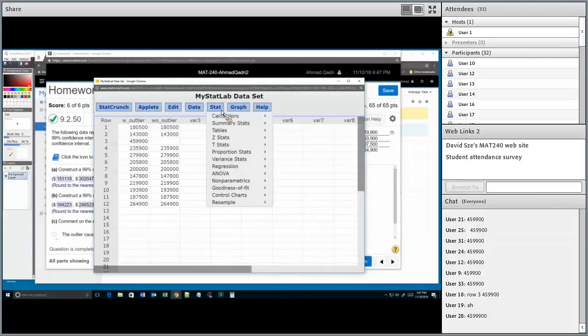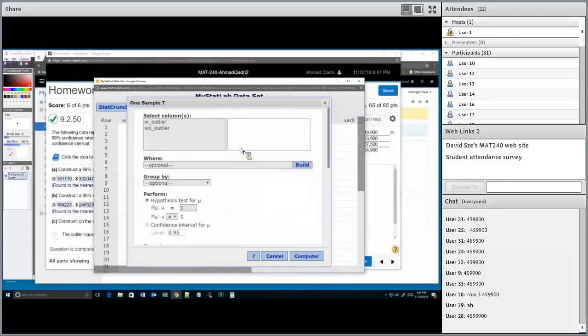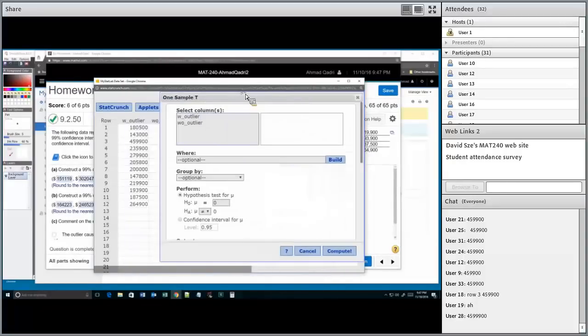So what do we do? We're going to go to Stat. We're calculating a confidence interval for the mean, so I'm going to go to T-stats. I'm going to use one sample, and instead of with summary, I'm going to use with data. Okay. Now I can do both at the same time, so I'm just going to highlight both of these.